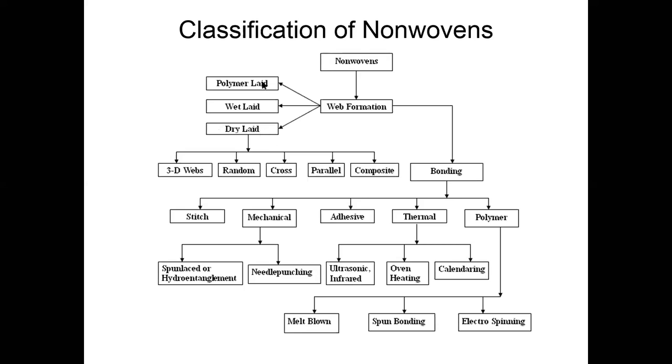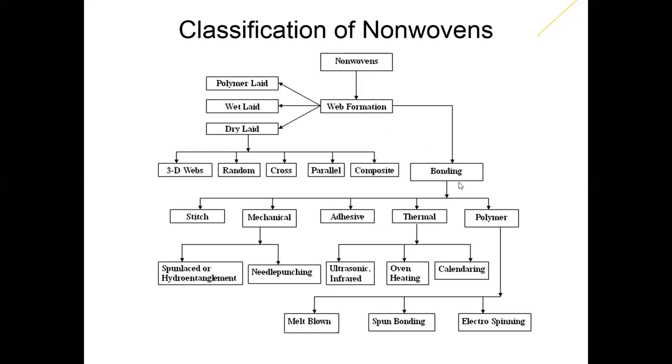Then again we have classifications like 3D webs, random webs, cross webs, parallel webs, and composite webs. So these are the classifications of web formation.